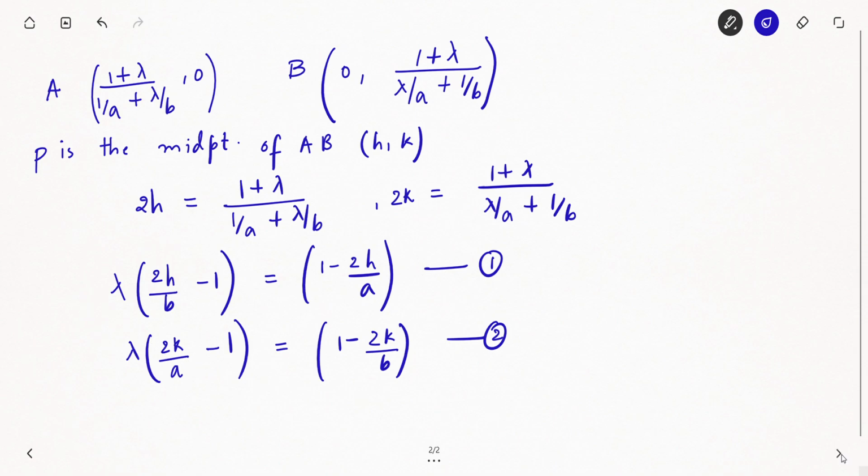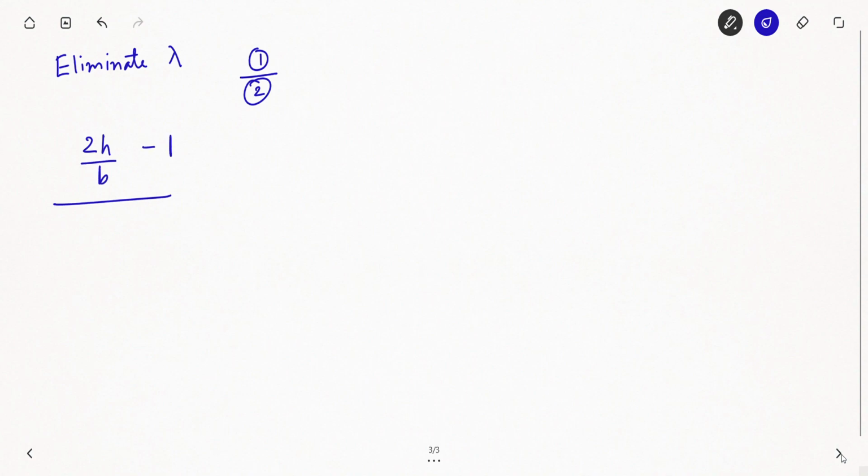We need to eliminate lambda. So for that I will divide equation 1 by equation 2. Then I get 2h by b minus 1 upon 2k by a minus 1 equal to 1 minus 2h upon a over 1 minus 2k upon b.